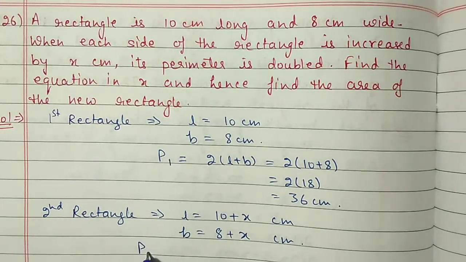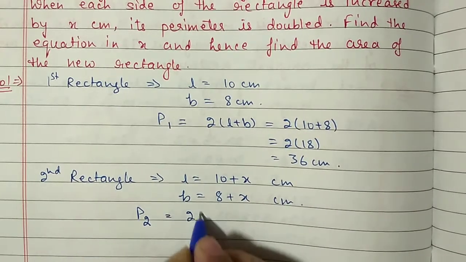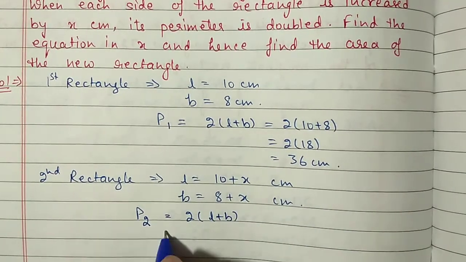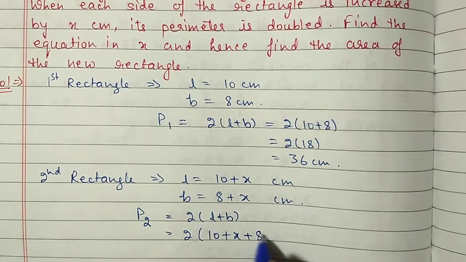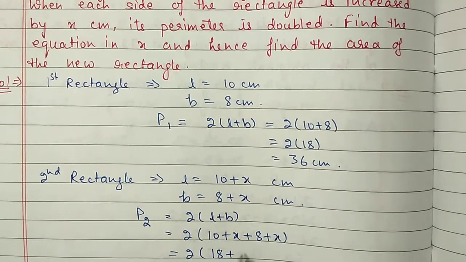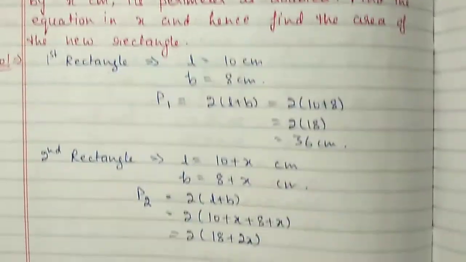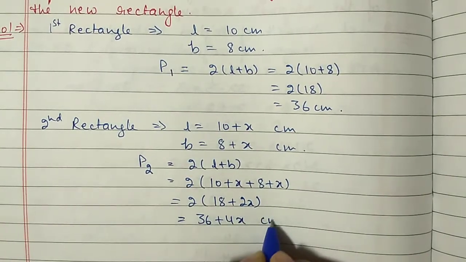So perimeter for this second rectangle, we can denote it by P2, will be 2 times L plus B, which is equal to 2 into 10 plus x and 8 plus x. So we will get here 2 into 18 plus 2x, or we can write it as 36 plus 4x centimeter.